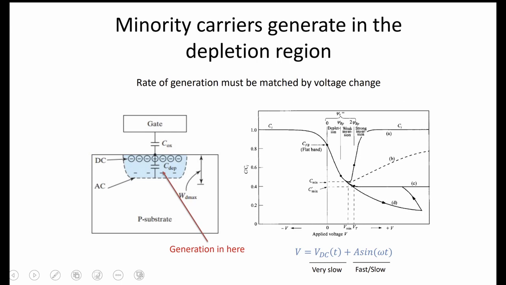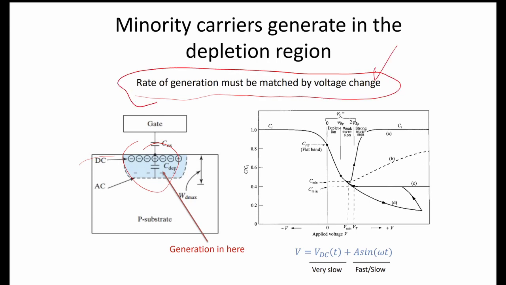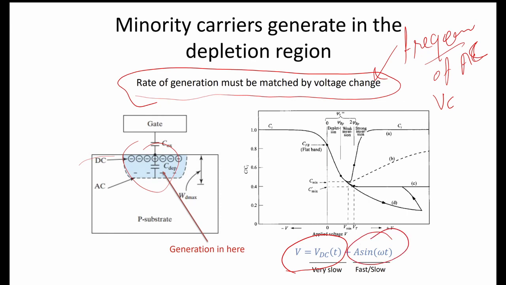Now yes, that we have seen, the minority carriers are generated in the depletion region. The rate of generation must be matched with the voltage change. The voltage change is nothing but the frequency of the AC signal, VDC plus A sine of omega t.